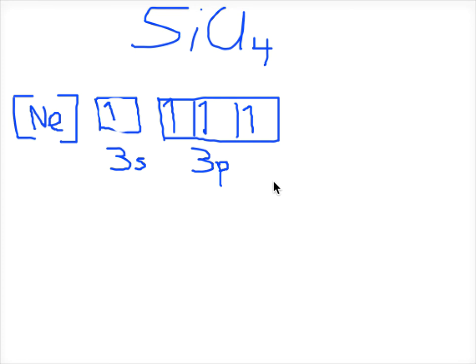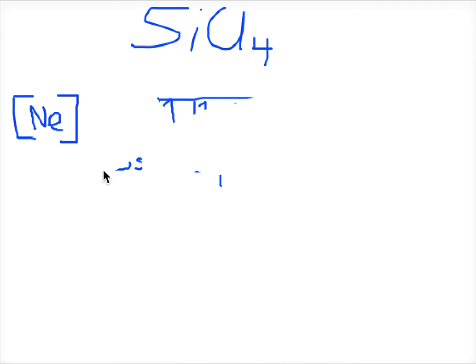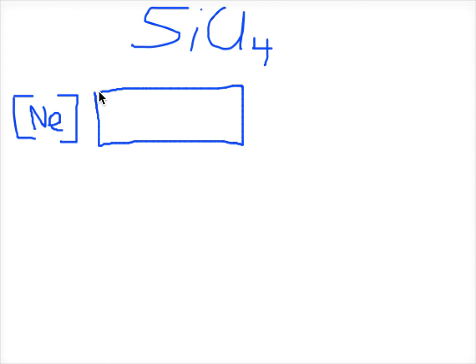This then undergoes hybridization, and it forms 4 degenerate sp3 orbitals.